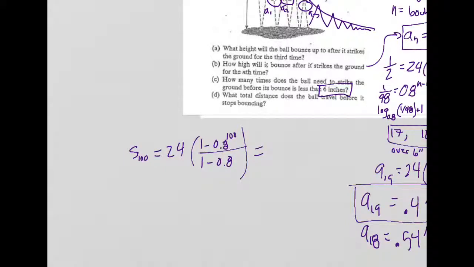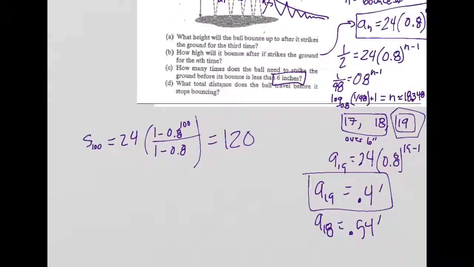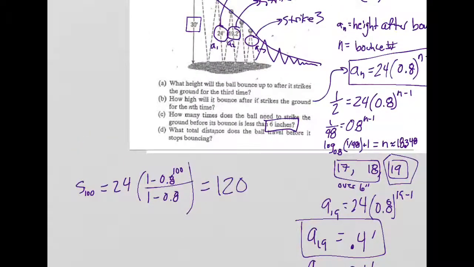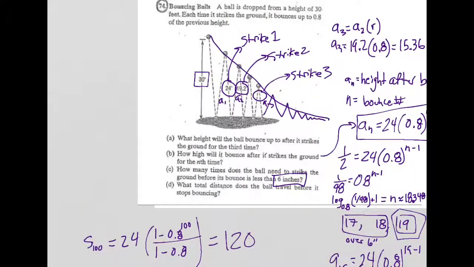But when you plug in an n value of 100 bounces, we get a sum of 120 feet, which gives us some confidence because it's an integer, and we always feel happy when we find integers as answers. But is that actually our answer? No, it can't be our answer, because think about what we have going on here.